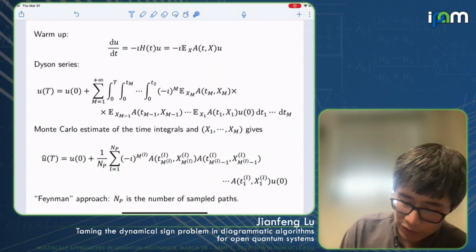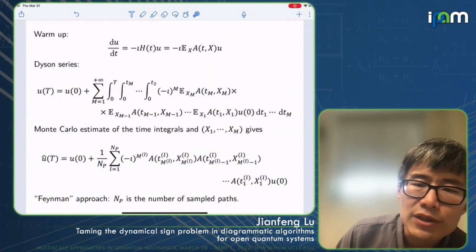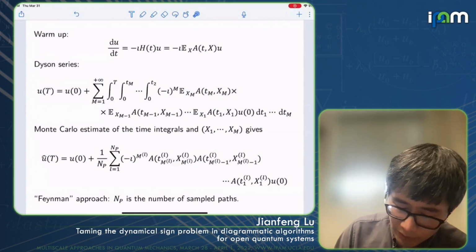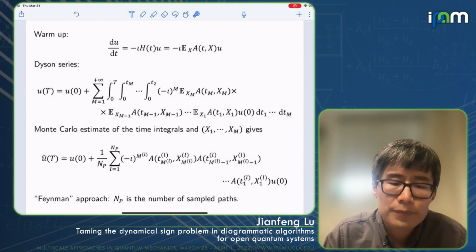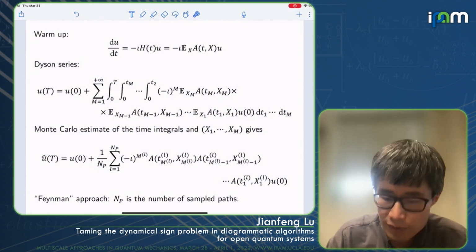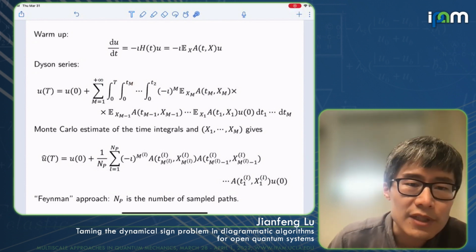What you need to do is, for each sample, and here I'm using N_p to denote the number of samples that we have, you need to sample the M, which is the order of the summation.